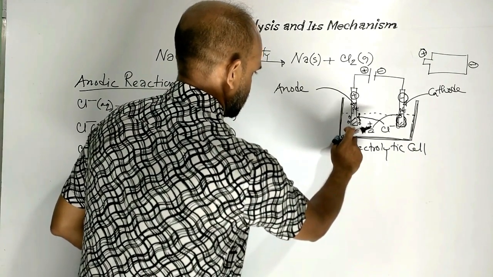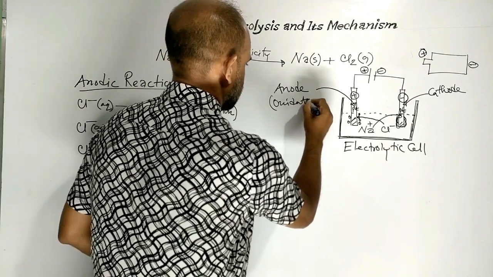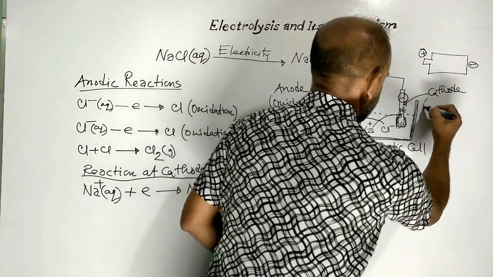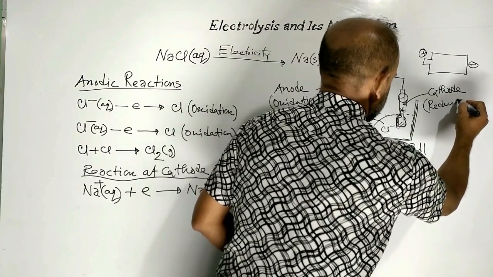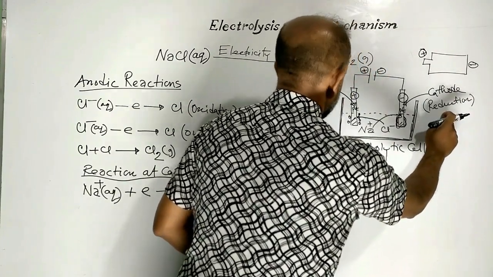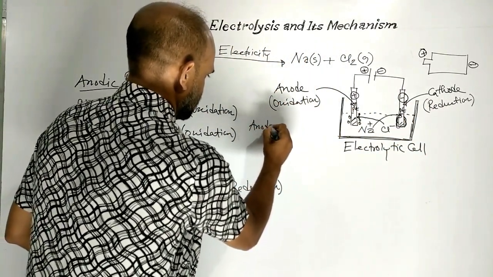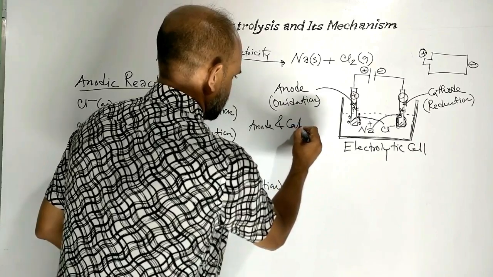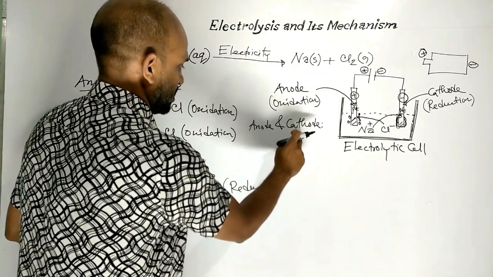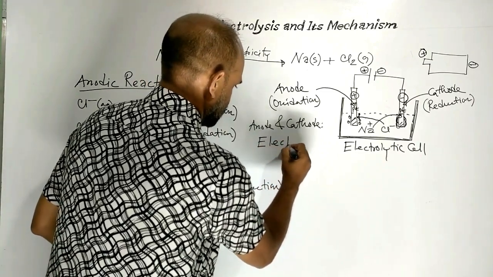This is the anode where oxidation occurs. This is the cathode where reduction occurs. Anode and cathode are together called electrodes.